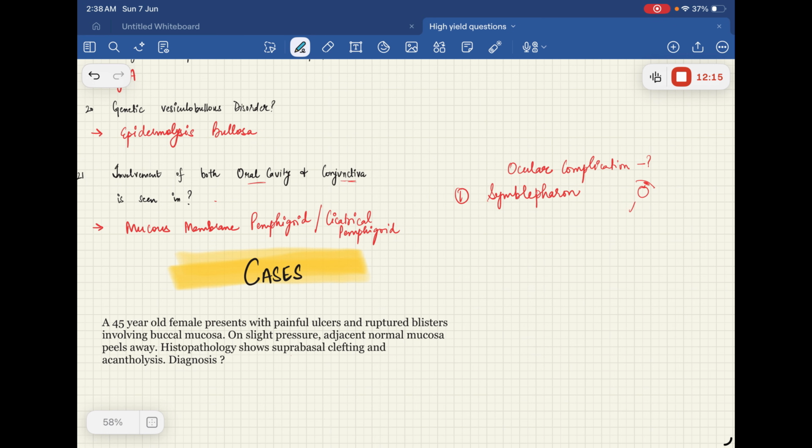So adhesion between the eyeball and the inner eyelid, or inside of the eyelid. The second complication that can be seen is ankyloblepharon.